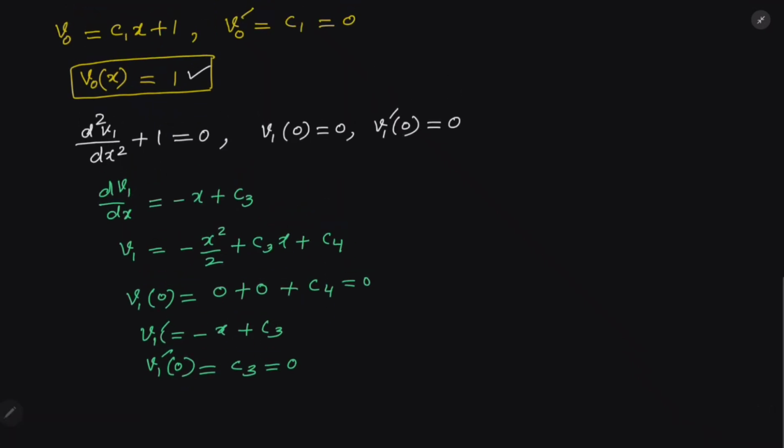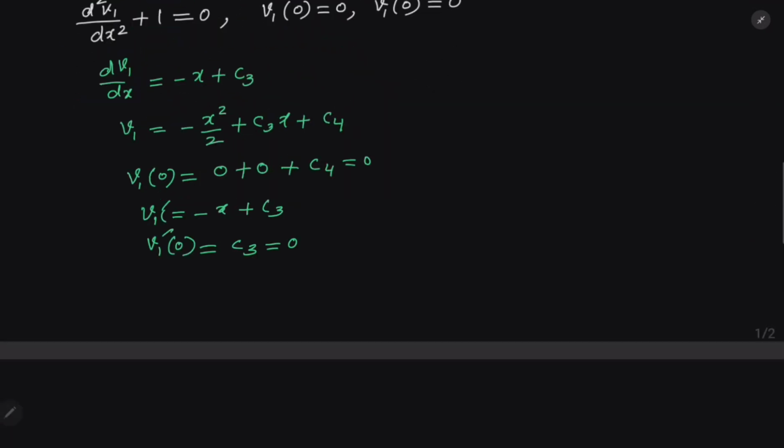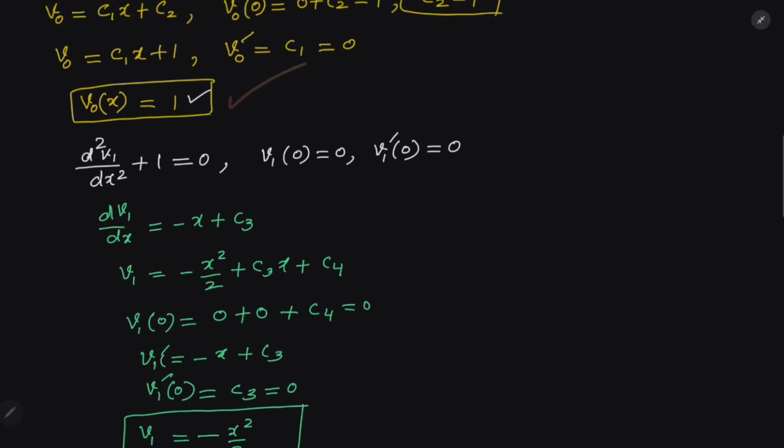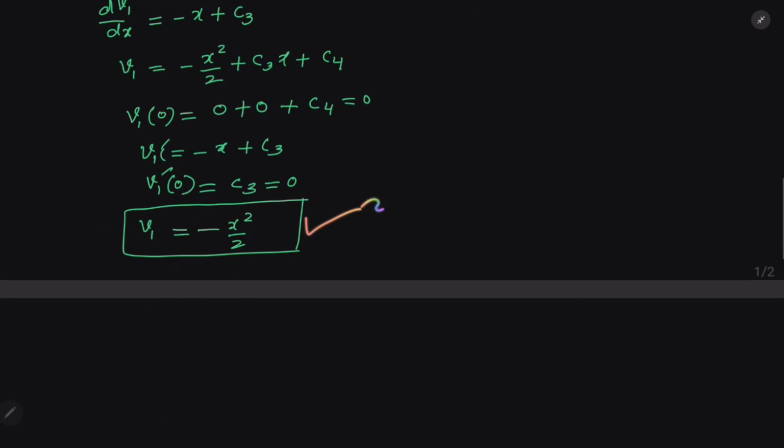So c4 is 0 and c3 is 0. Our solution is v1 equals minus x square by 2. This is our second solution. So this was our first solution, not first solution, but a component of solution, and this is v1.